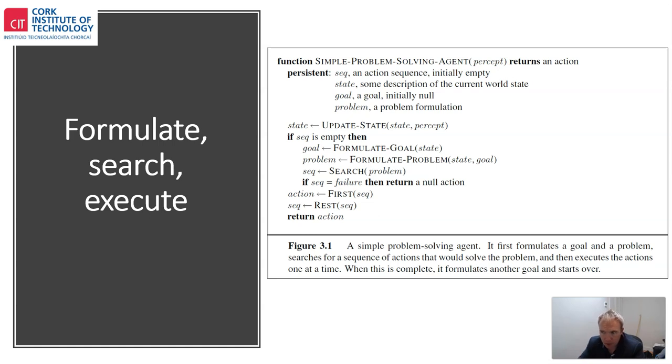So that will be a case of we're passing in the fact that we're currently in Arad and we want to arrive at Bucharest, and the formulate goal function then would arrive at that. The problem then would invoke the formulate problem function, which takes in our state and our goal.